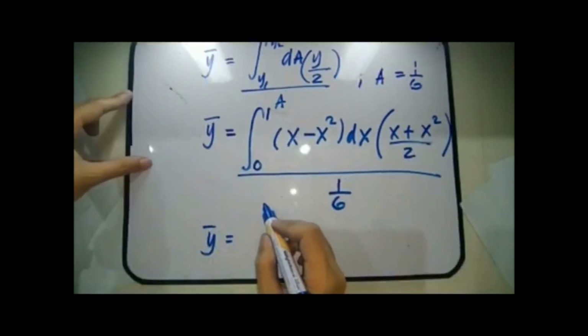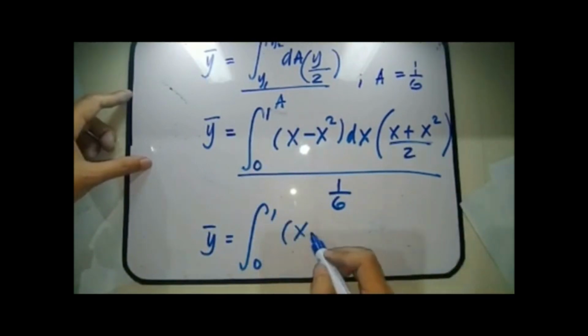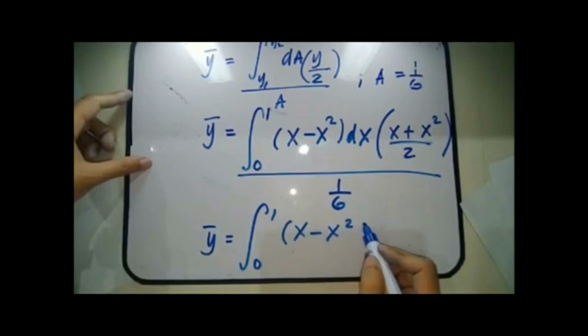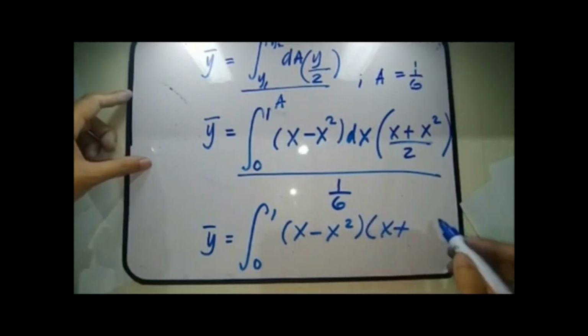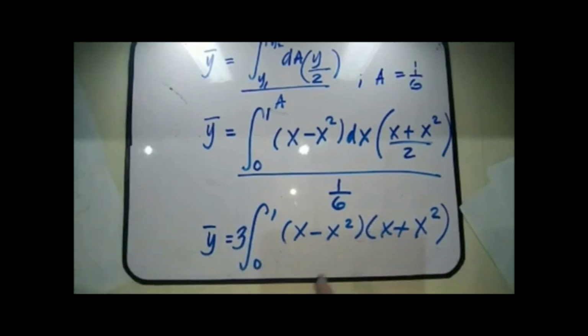So you have here y bar equals, so the definite integral, that is x minus x squared times x plus x squared all over 1/3 na siya. So 1/3, so itaas natin yung 3, magiging times 3 siya. So that is x minus x squared times the quantity x plus x squared differential of x.